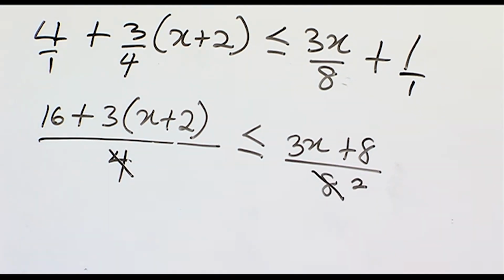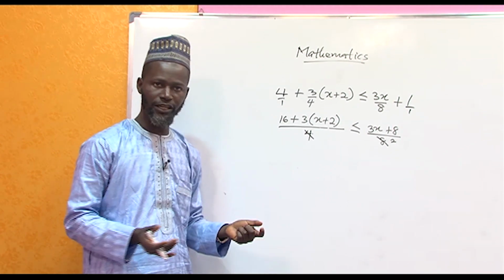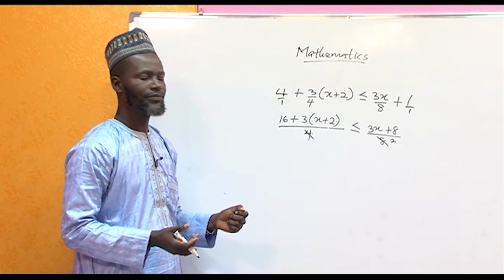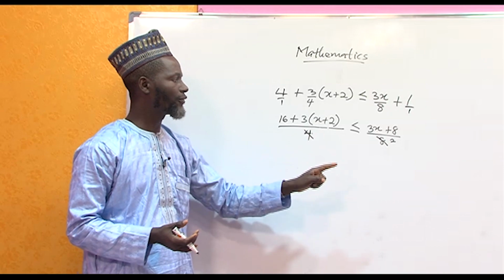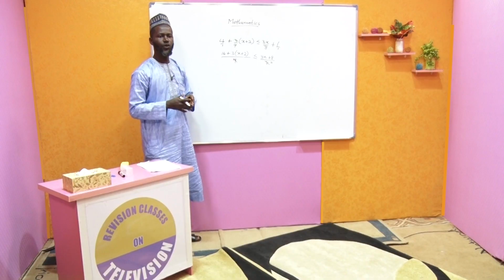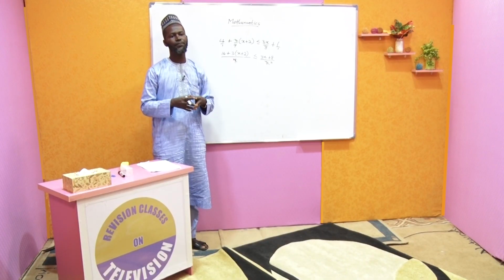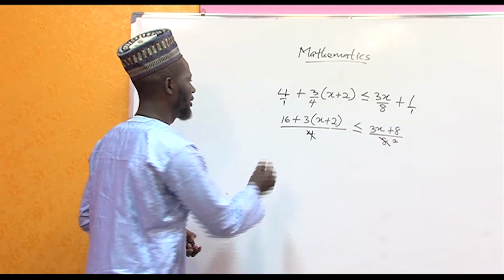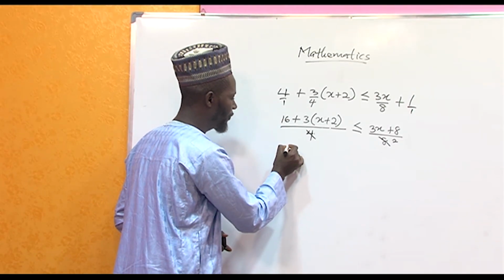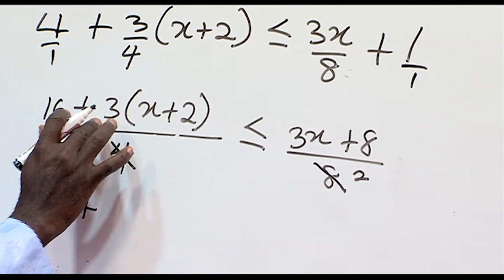Now, as I've explained before, we can say 4 into 4, 1, 4 into 8, 2, though you can still use cross multiplication. Not only that, we can use the LCM of 4 and 4 to multiply both sides. That's why we say there are a thousand ways of solving a problem in mathematics. Now, let's continue. This one will give us 16 plus the expansion of the bracket.